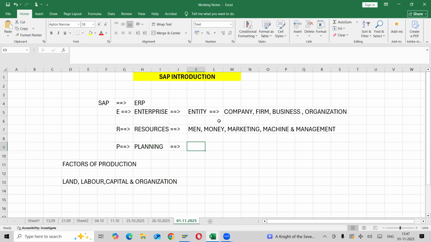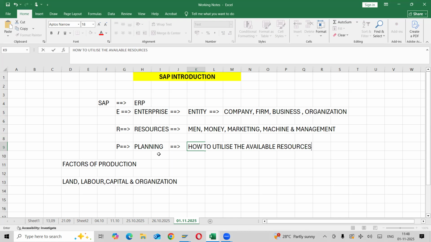How to utilize the available resources in an organization, in a company, in any firm, to the fuller extent, by maximizing the profit and minimizing the loss, then that is called planning.